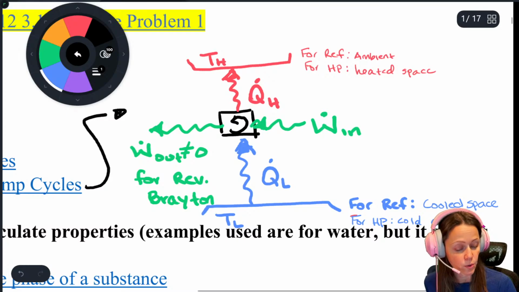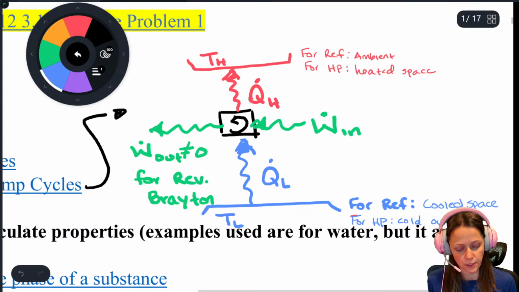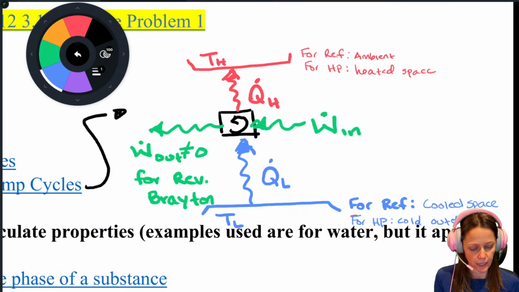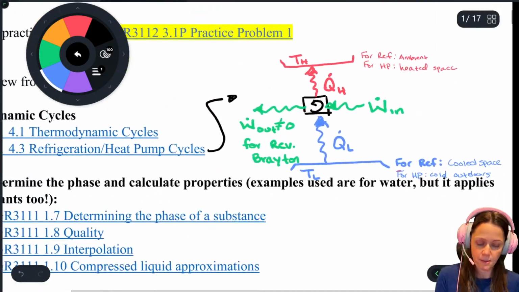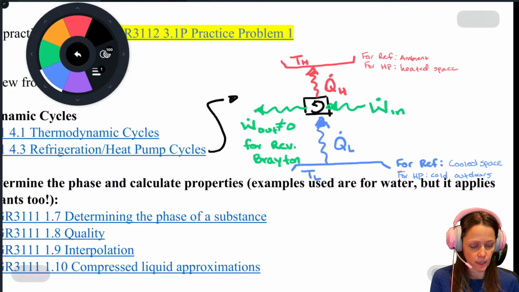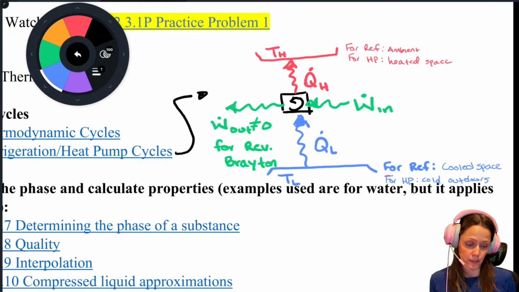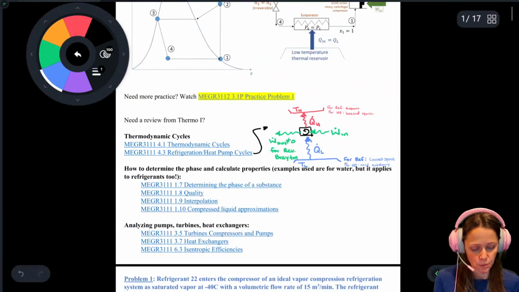Pulling heat out of the cold outdoors, and we're adding that thermal energy to our heated space, to our house. So that's, in a nutshell, very basic, what a refrigeration heat pump cycle is. And like I said, in Thermo 1, we didn't really care about what went on in that box, how that was accomplished. But here in Thermo 2, we do.